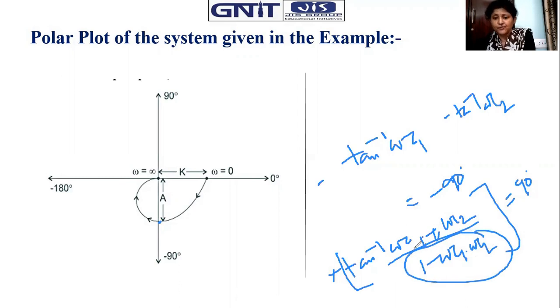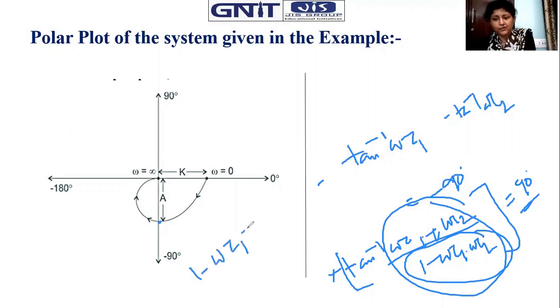So omega tau 1 plus omega tau 2 divided by 1 minus omega tau 1 omega tau 2, if it is becoming infinite, then we will get 90 degrees, right? So if that part has infinite value, that means the denominator part is equal to 0. So we put 1 minus omega tau 1 omega tau 2, that means omega square tau 1 tau 2, equals 0. So what is the omega value that we found in the previous slide? The same value we obtained.